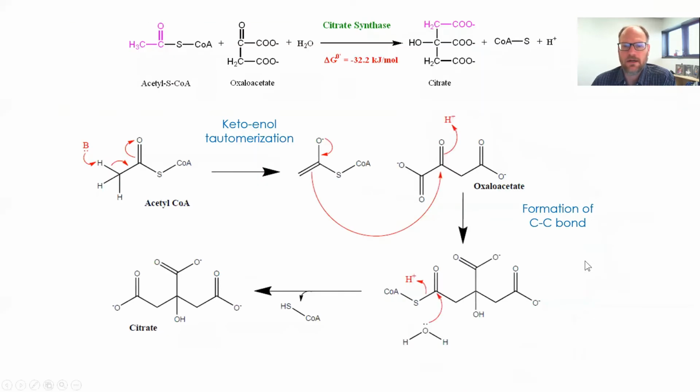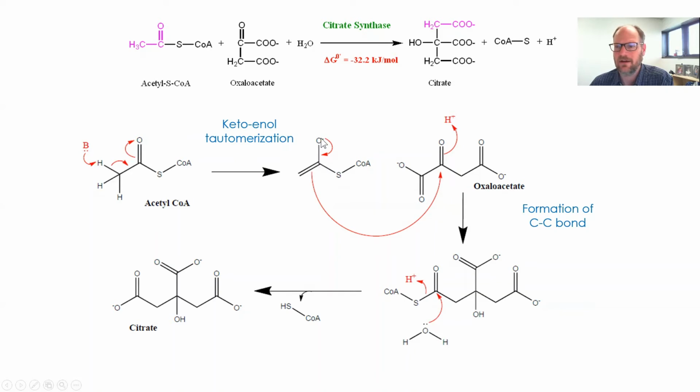So the first step of this reaction is you have acetyl-CoA that's being added onto the oxaloacetate to make the citrate in the citrate synthase reaction. This is a very energetically favorable step, and it occurs through this series of reactions. A base abstracts a proton, ultimately making this enol form of the acetyl-CoA molecule.